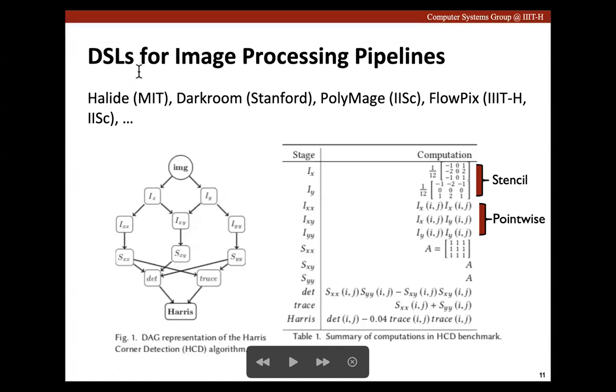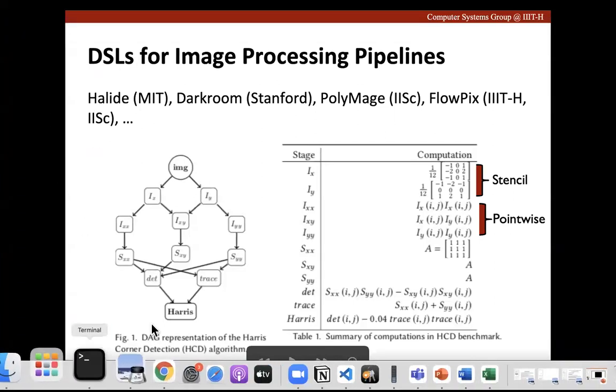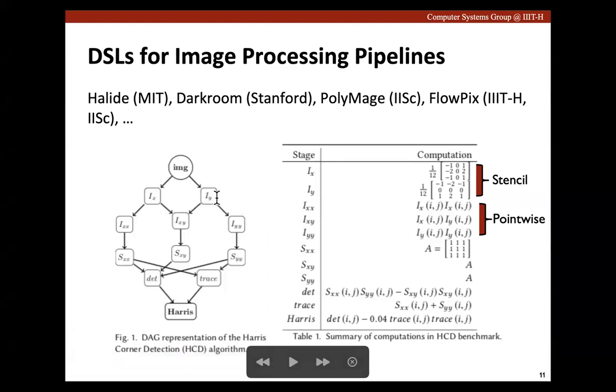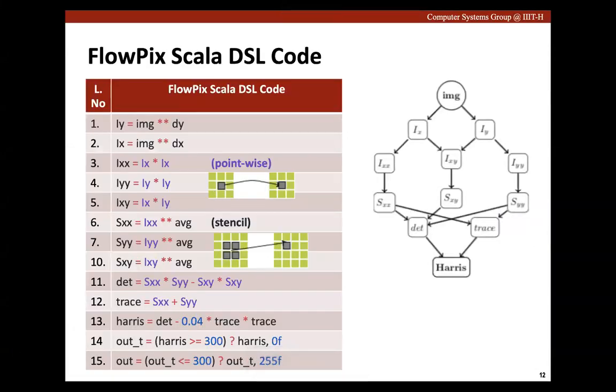So the point is, how do we express this as a domain-specific language? This is the Scala code, which expresses the computations that are there in this DAG. Every line here, on line 1, says on the image apply, the star is the application of a stencil operation.